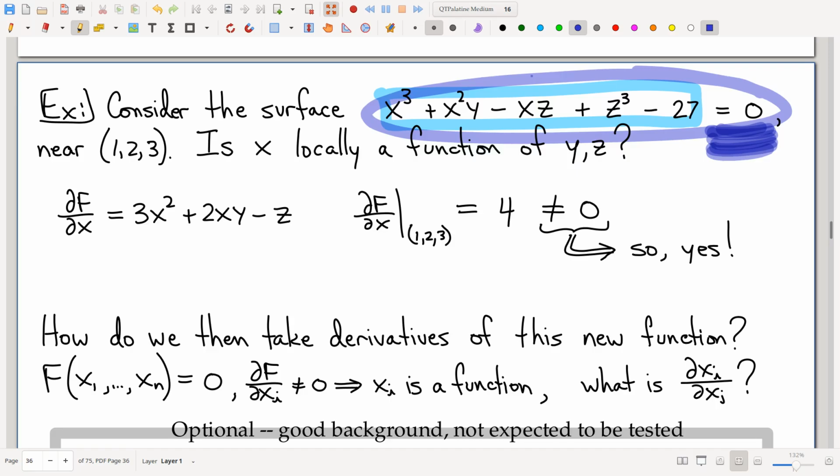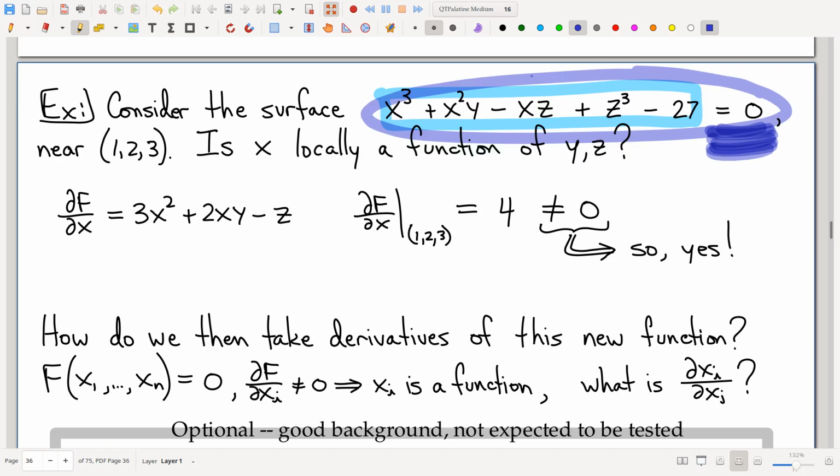By the way, let me point out, until you say this expression equals 0, x, y, and z are all independent variables. So how would we even have x be a function of y and z? It doesn't even make sense until you make the observation that I'm looking at what is implied by the fact that I have to stay on this surface, the fact that this expression is equal to 0, the fact that we're constrained to that surface.